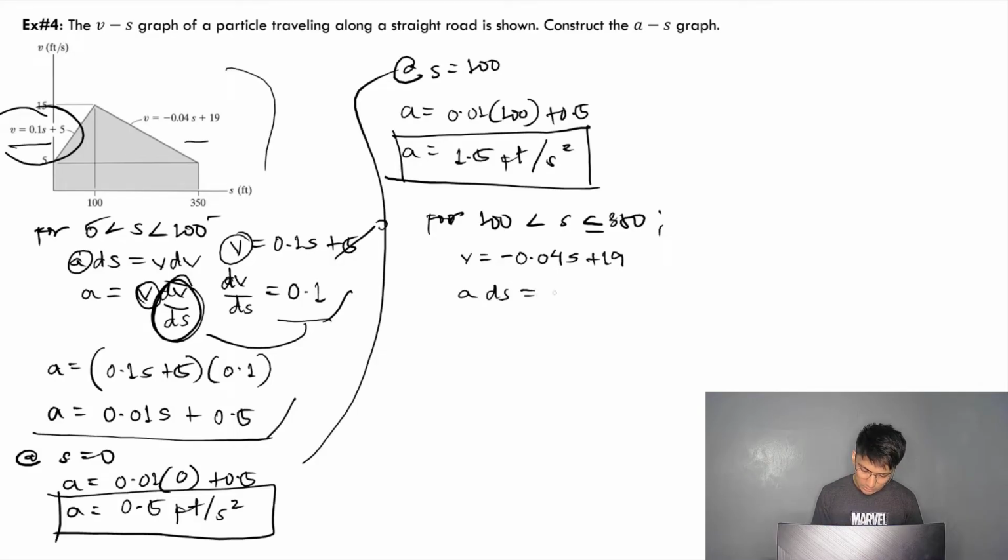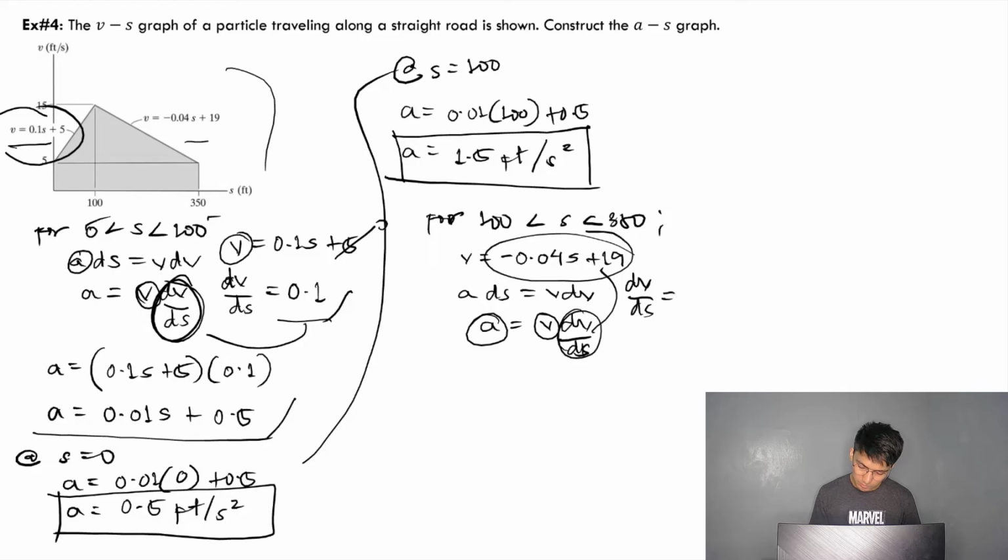a ds is equal to v dv, or simply v dv over ds. And to find ito, kailangan natin malagay yung values nito. Ang v natin is simply ito na. To find the dv over ds, we differentiate this equation. So, we have negative 0.04 and ito ay 0 na. So, ito na agad yung ating value.